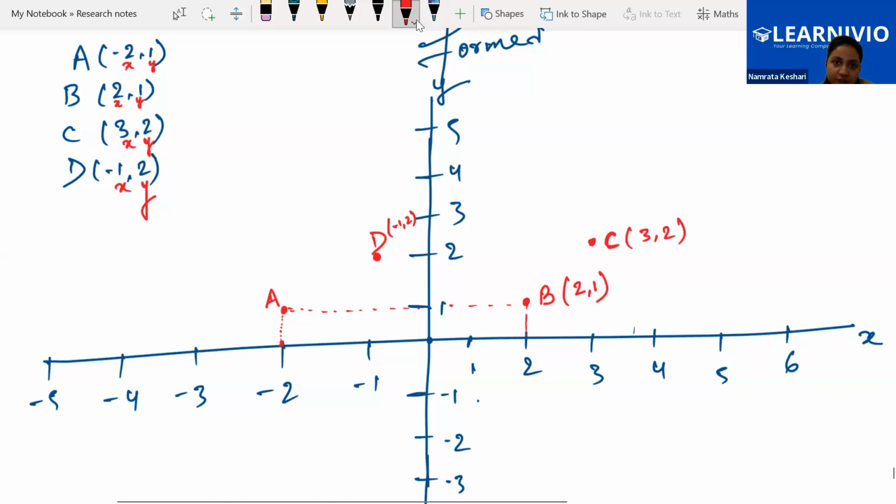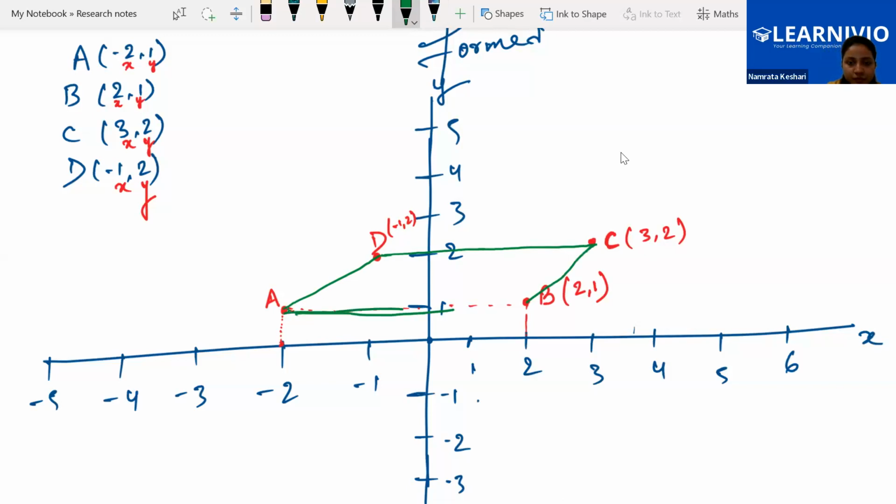Join them. Are you getting this figure? Yes, ma'am.